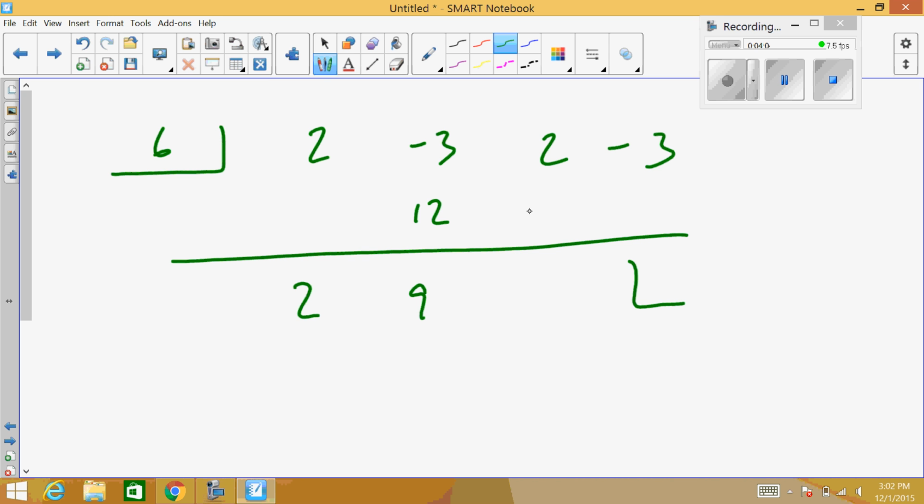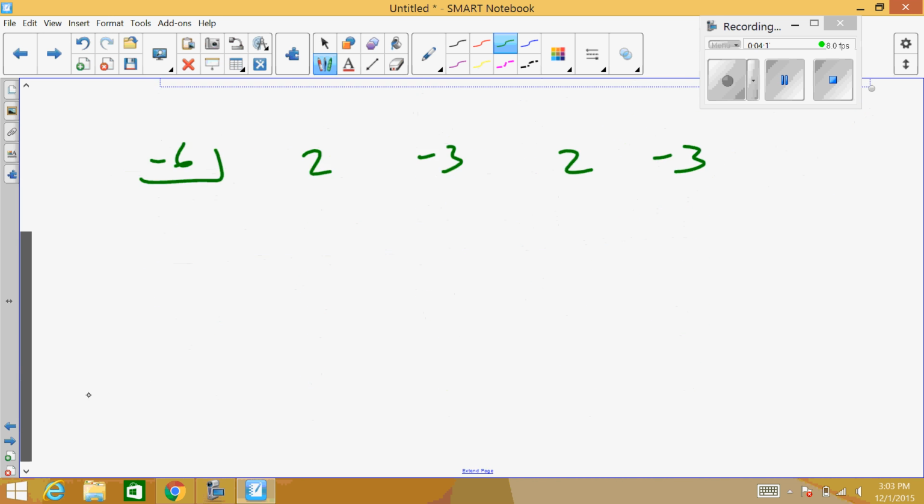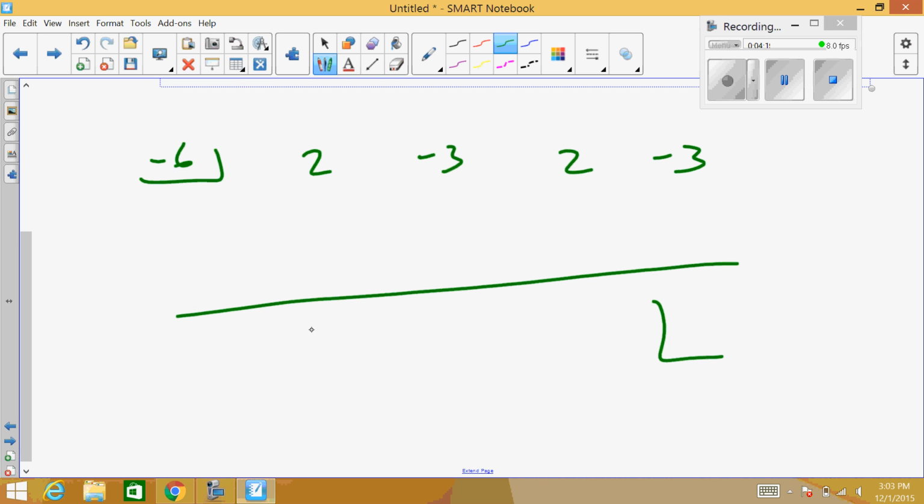Looking at our number 7, what's our constant? 6, perfect. What's our leading coefficient? What are the factors of 6? You can write it this way, but you don't have to.